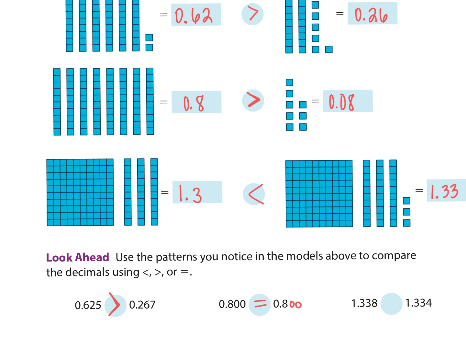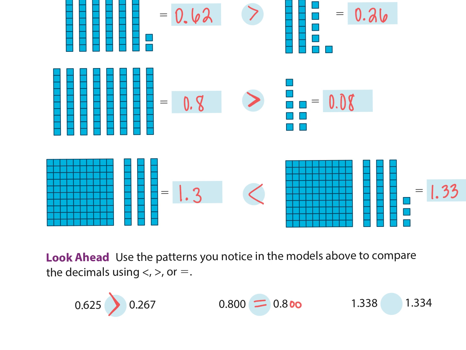Okay, don't forget those zeros. I could put 1,000 zeros after a decimal number, it doesn't change how much that number is worth. The only thing it changes is how I say the words. Okay, that's it. That's the only thing that changes.